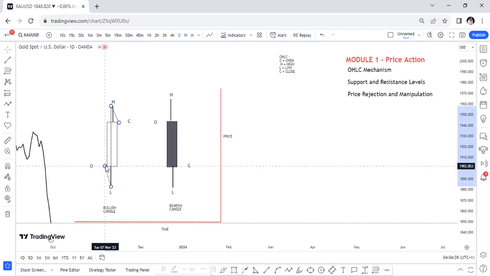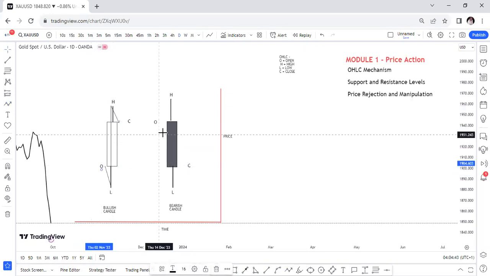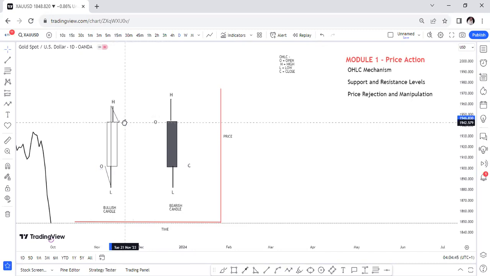Once it opens, price will never move higher immediately. Initially, it will never move up. It must come down first before going up to close.